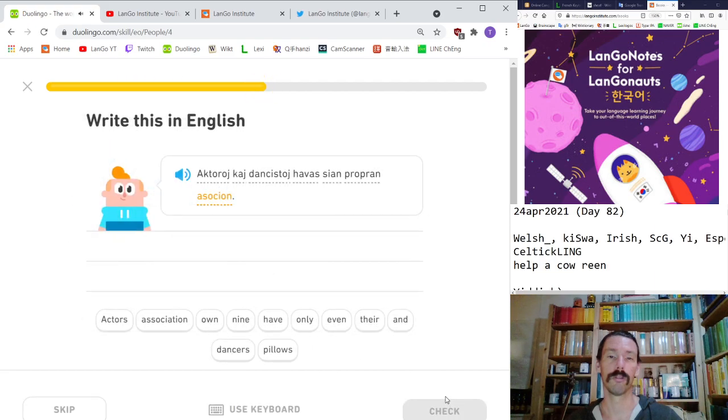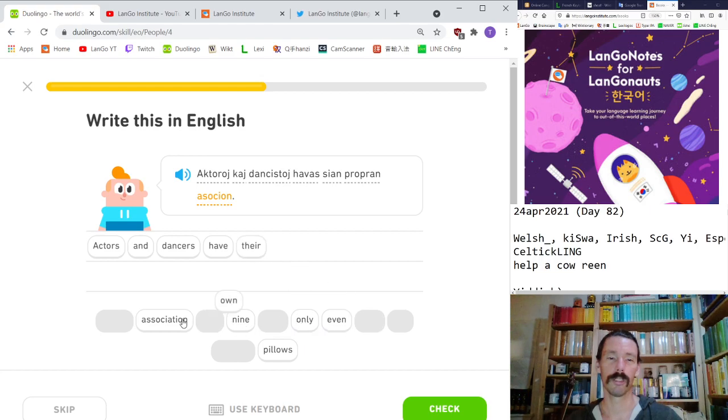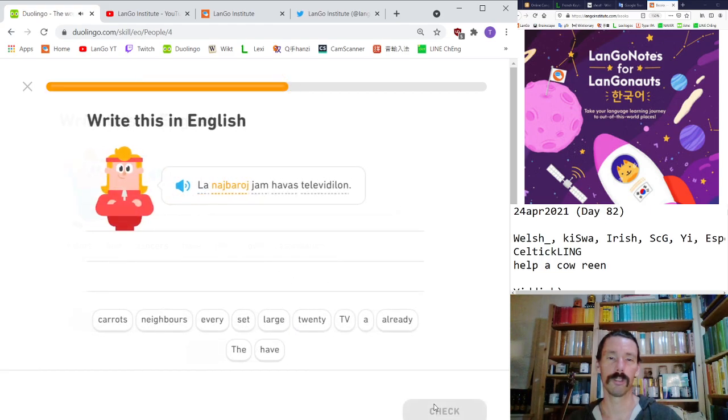Aktoroj kaj dancistoj havas sian propran asocion. Aktoroj, actors, kaj dancistoj, and dancers, havas sian propran asocion. La najbaroj jam havas televidilon.